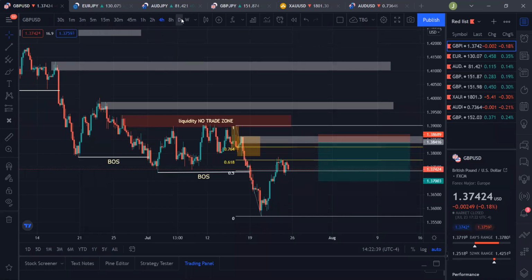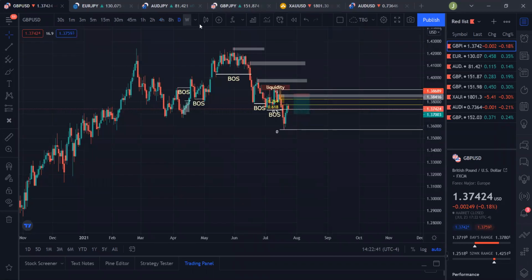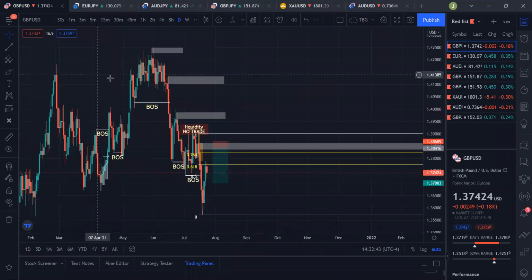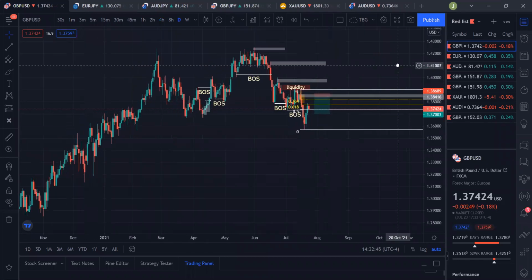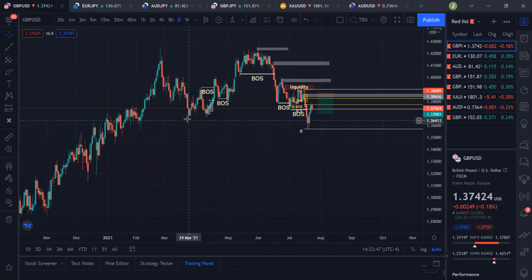If you look at the daily chart, you can see that we have broken structure. Hold on, we have broken a pretty big structure down at this point. However, we found support at this order block right here.